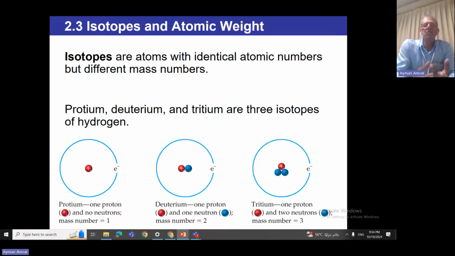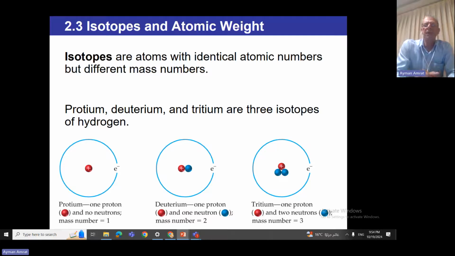The second isotope, deuterium. Deuterium is hydrogen because it contains just 1 proton, but with 1 neutron. 1 proton, 1 neutron. This isotope of hydrogen is H-2, 1 atomic number, 2 mass number. The third isotope of hydrogen is tritium.